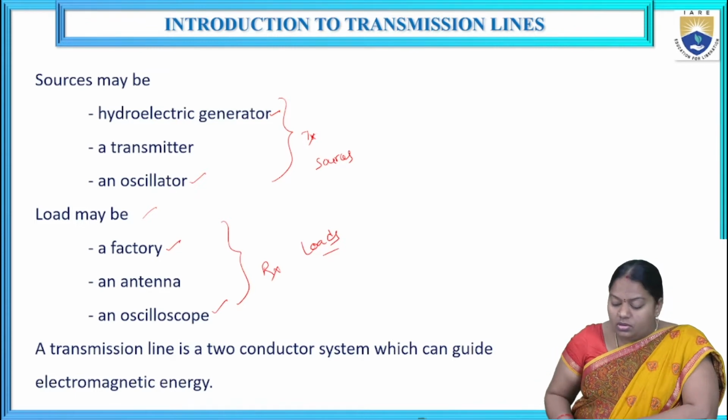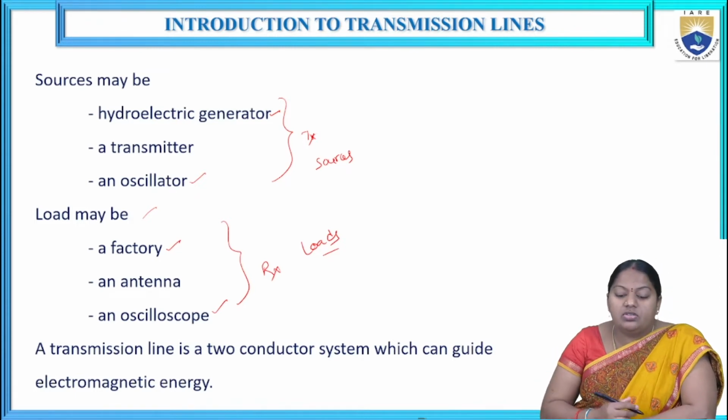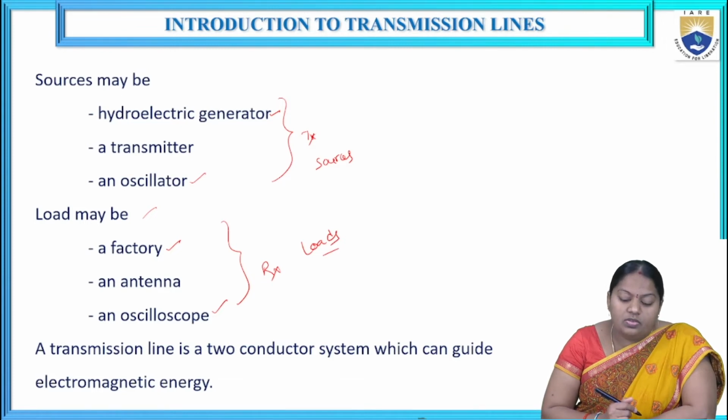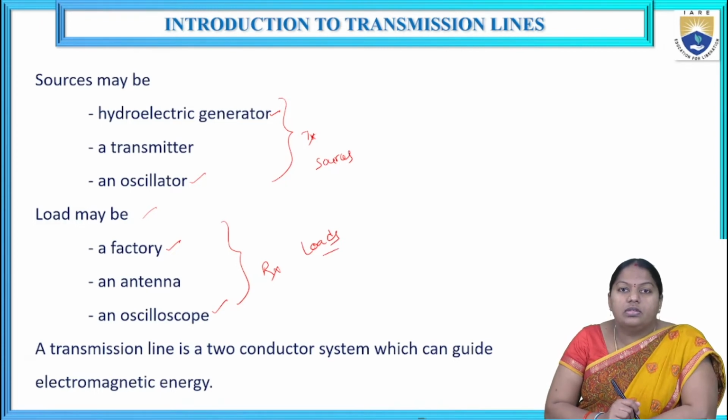Before going into detailed discussion about transmission lines, in the first three modules we have discussed electromagnetic waves and transmission lines. In the first module we discussed static electric fields, also called electrostatic fields. In module 2 we discussed magnetostatics, followed by time varying fields, which are also called Maxwell's equations.